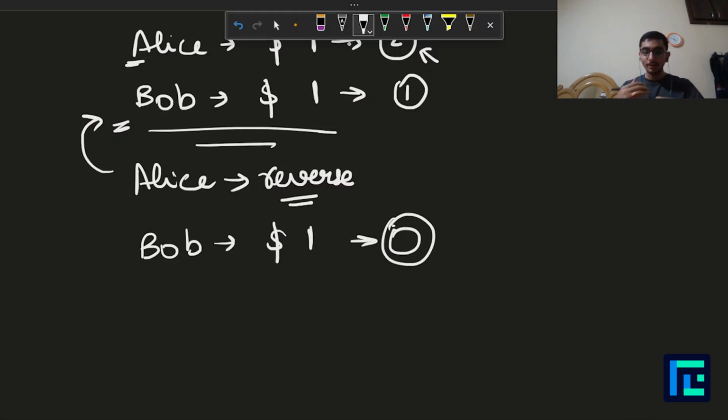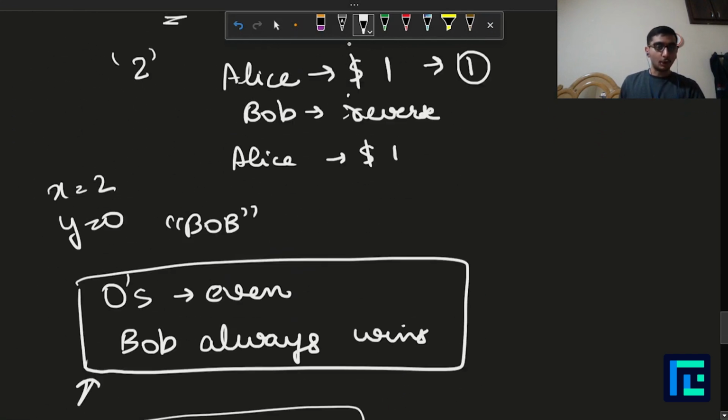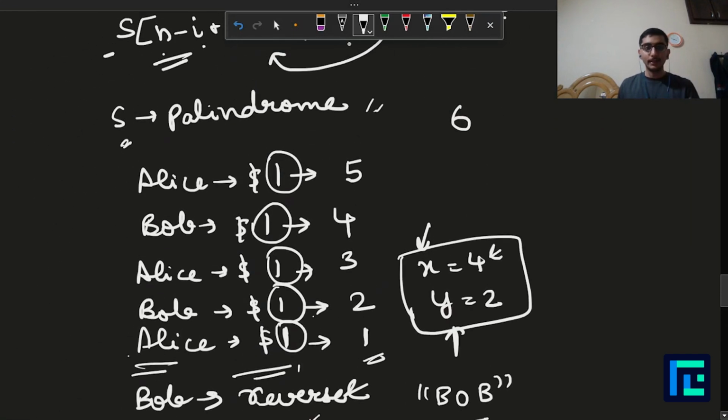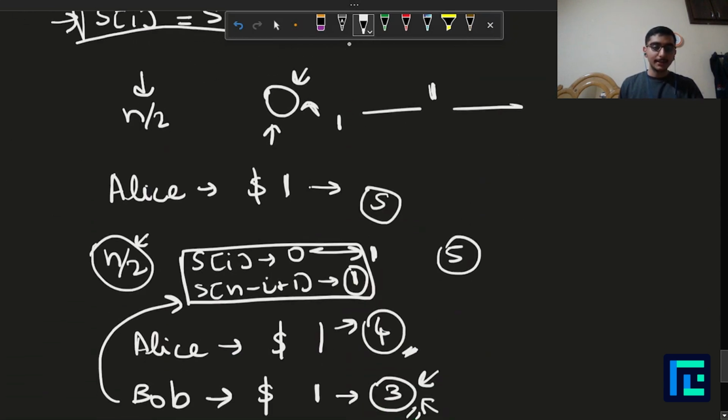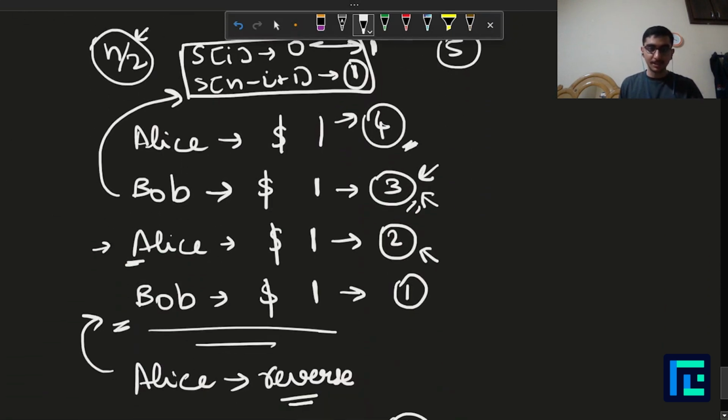So this is kind of the inversion happening. In the previous case, it was Bob who could reverse at any moment, but was keeping his reverse operation to the last and then winning. But in this case, you can see that Alice could reverse here, but she did not.